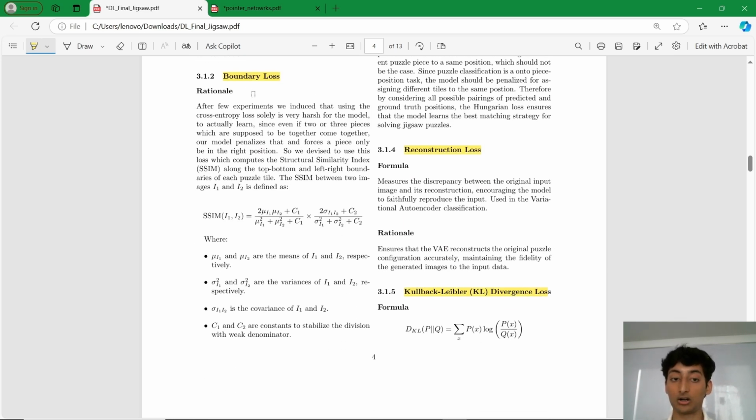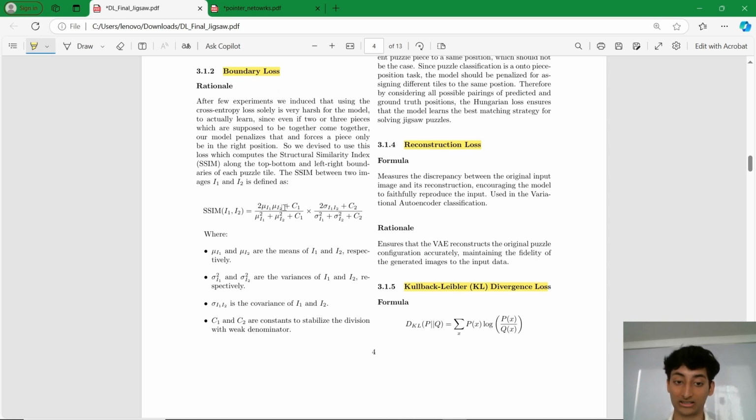The second important loss is the boundary loss, which looks something like this. After a few experiments, we induced that using the cross entropy loss solely is very harsh for the model. Because what would happen is, let's say, two pieces which are actually supposed to be together, our model gave them as together, but the original position is wrong. So let's say 0 and 1 are together, and they should go on 0 and 1.